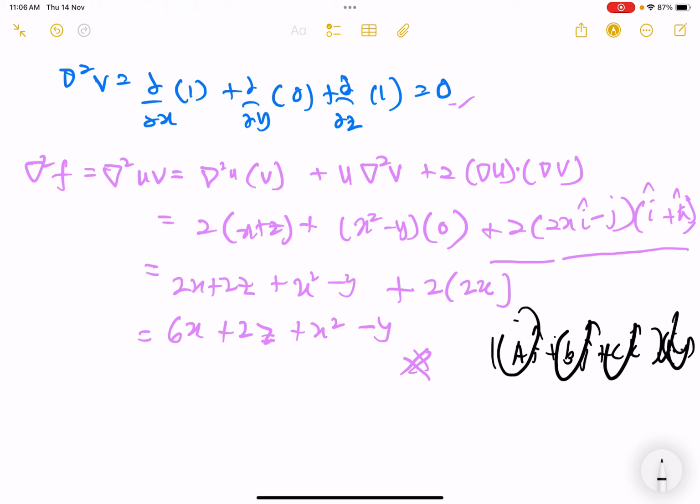I multiply I with I, and the rest, J with 0, K with 0 also, because we have here J plus 0K. So 0K and J is 0, so we get only for x1.